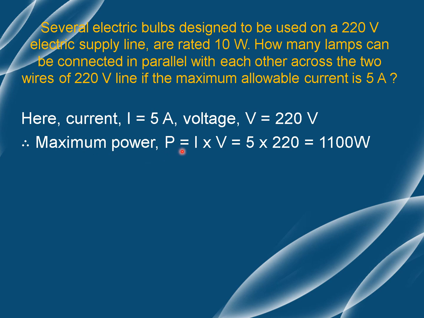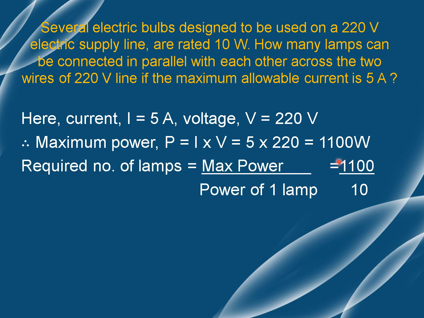Maximum power, that is P, is equal to current multiplied by voltage. 5 multiplied by 220, we get 1100 watt. Now required number of lamps. We can find out the required number of lamps by maximum power divided by power of 1 lamp.